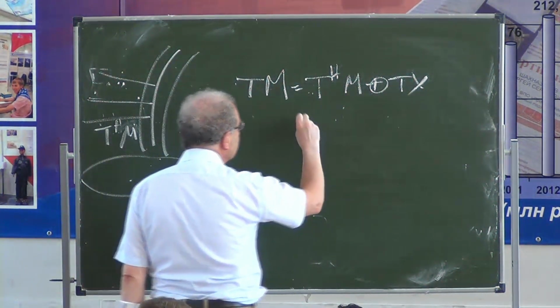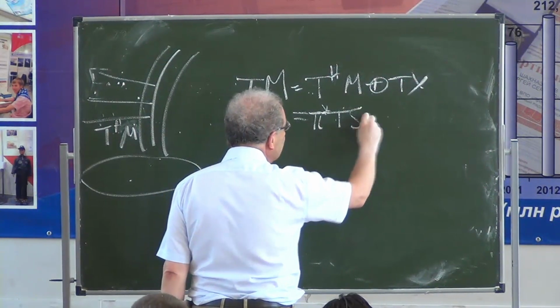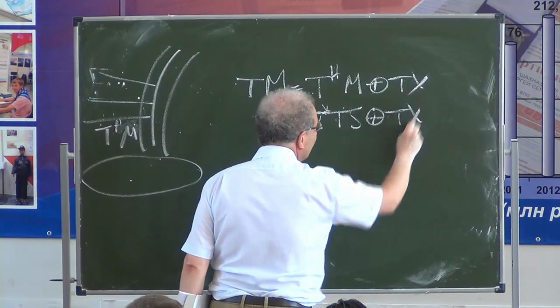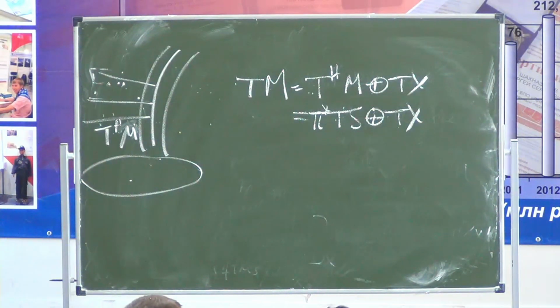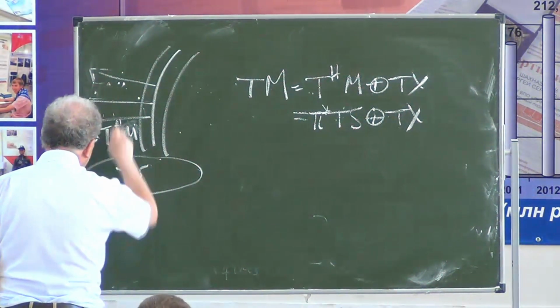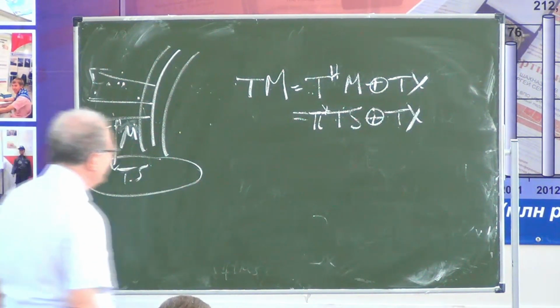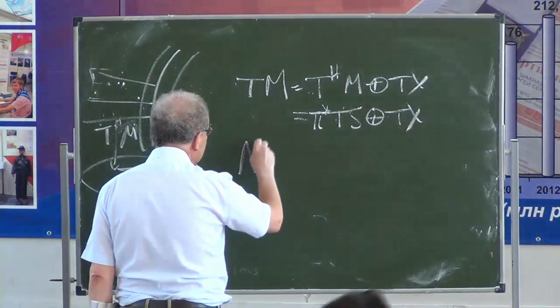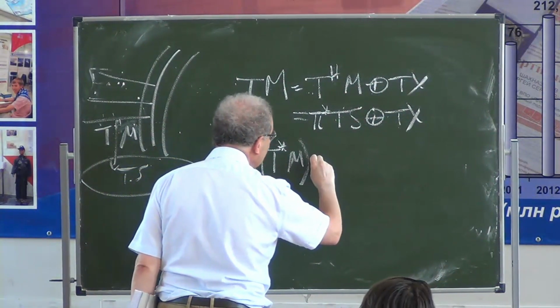So once we have this, this is actually equal to pi star of TS plus TX, because THM is obviously identified by projection to pi star of TS. So using this, we can give the identification.